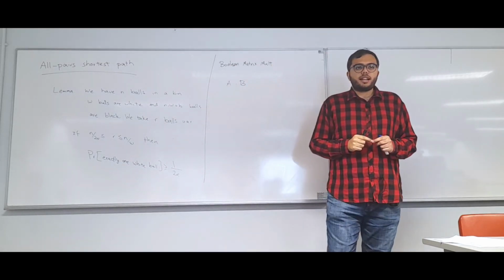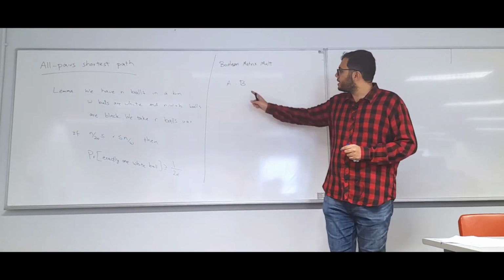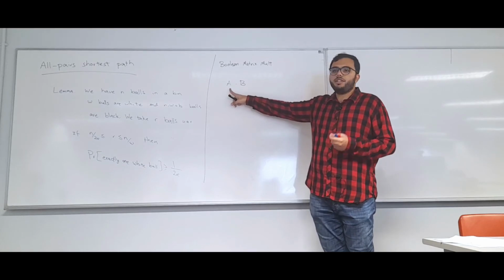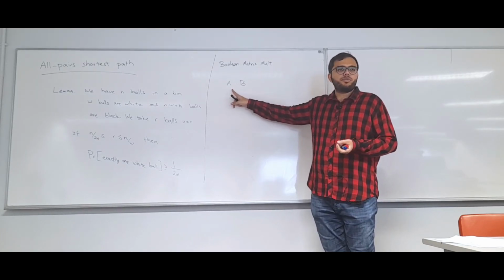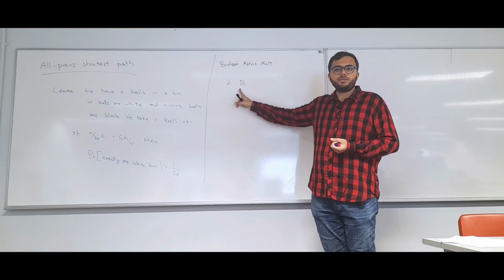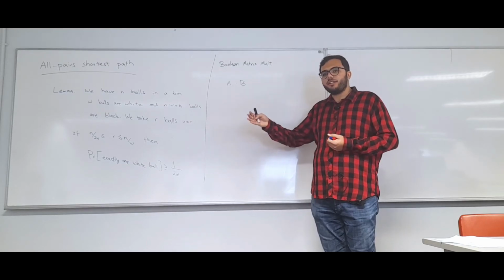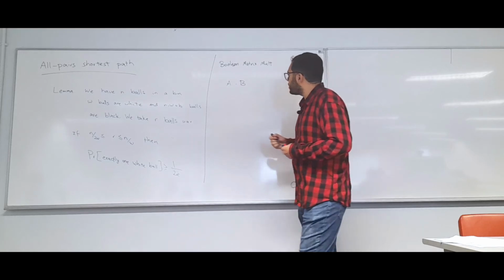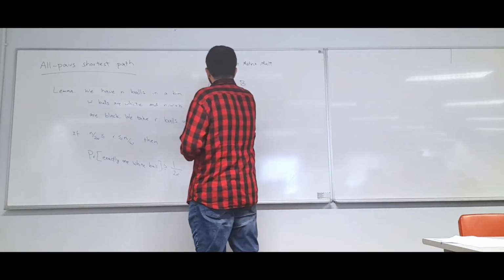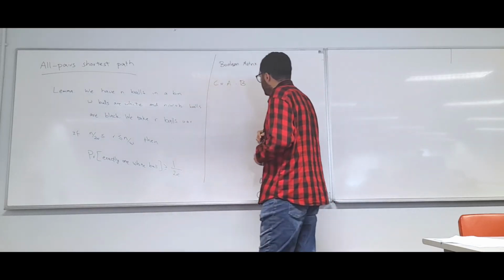But let's say that in these matrices, all the entries are either 0 or 1, true or false. And when I'm doing the matrix multiplication, I'm using AND and OR instead of multiplication and addition. Okay, so let's say that C is A times B.